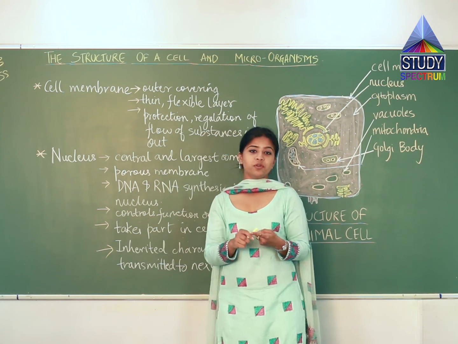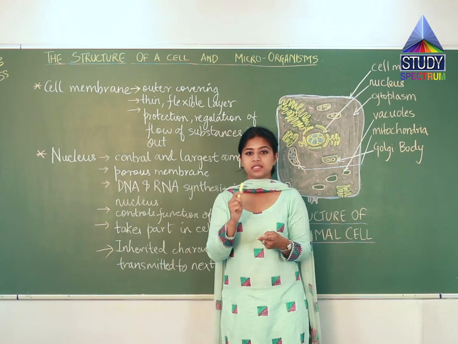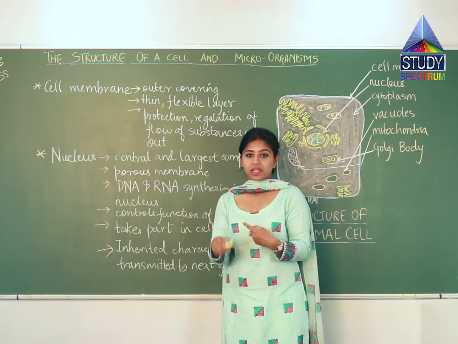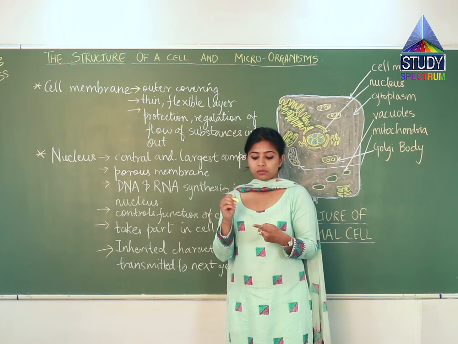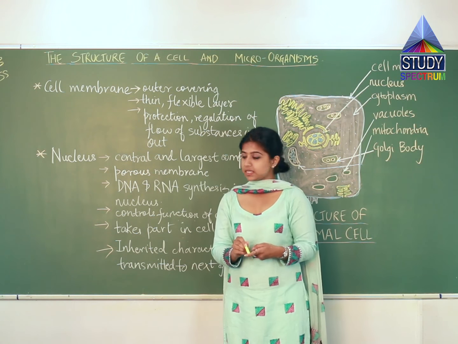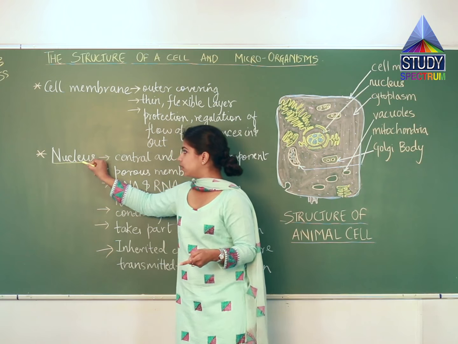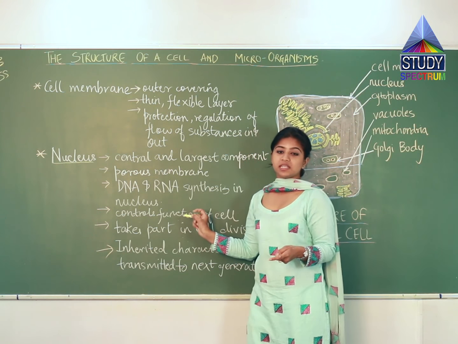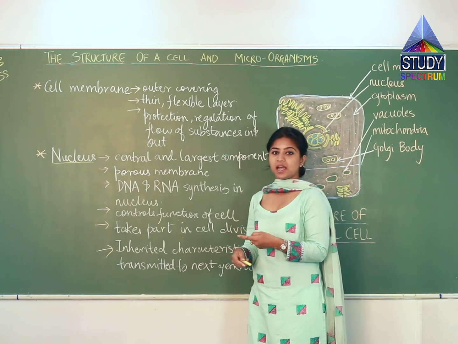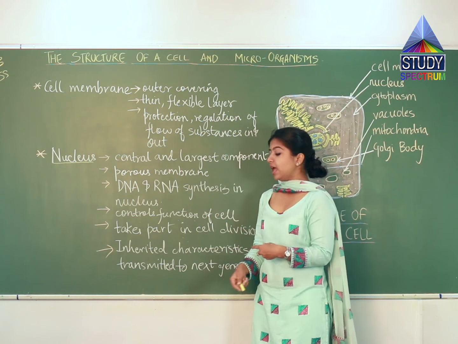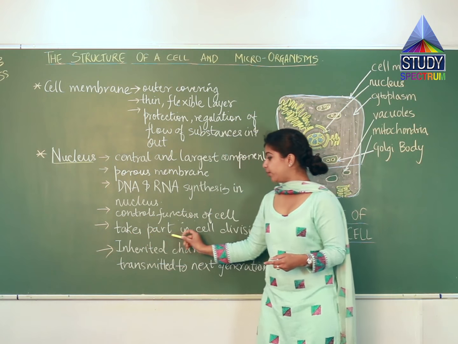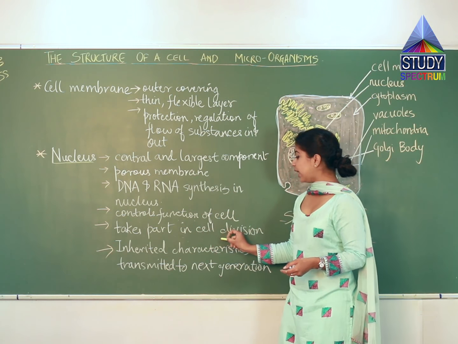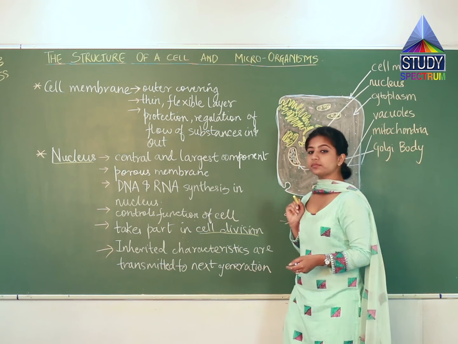If you remember, I explained to you that cells can divide and replicate themselves. The main driving factor behind this is the nucleus, because the nucleus releases enzymes like these that help in the process and speed it up. That is why the nucleus is helpful, because it takes part in activities like cell division.